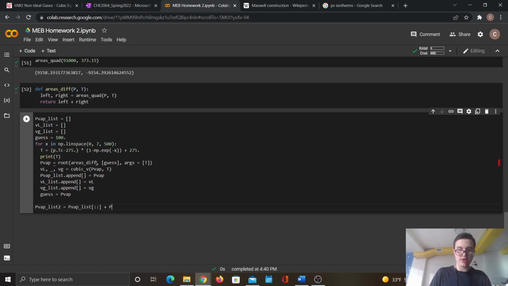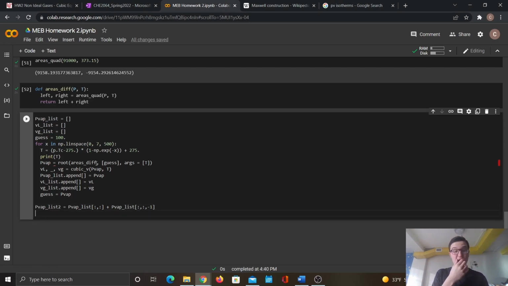plus PVAP list from beginning to end, and that needs a comma, and we also want -1, so it'll be the reverse, so it goes from low pressure to high pressure, back from high pressure down to low pressure, effectively. And we also want the same for the volume list.